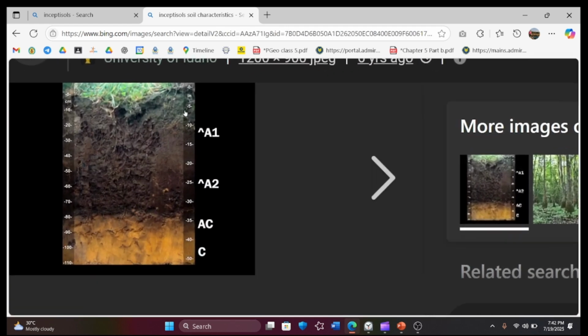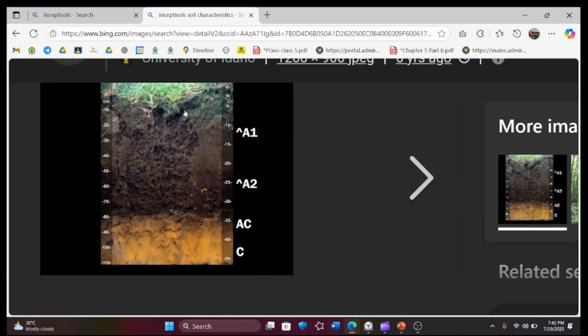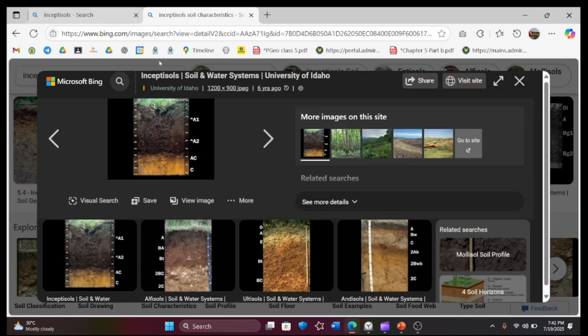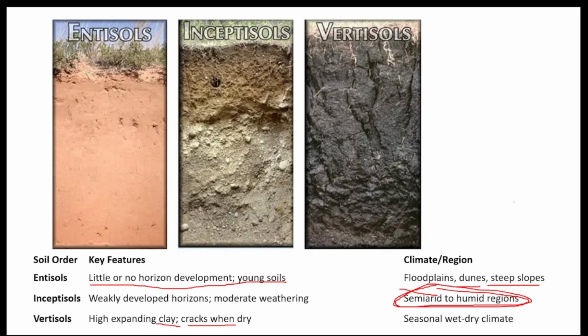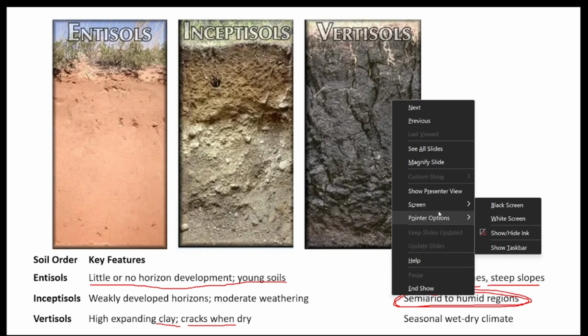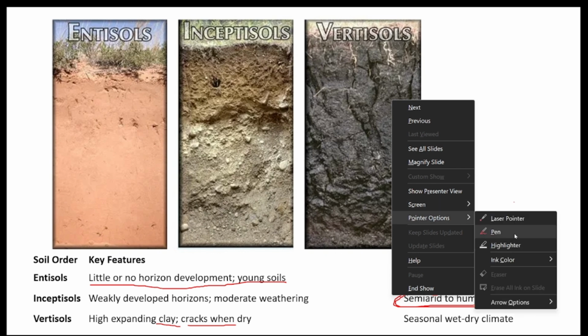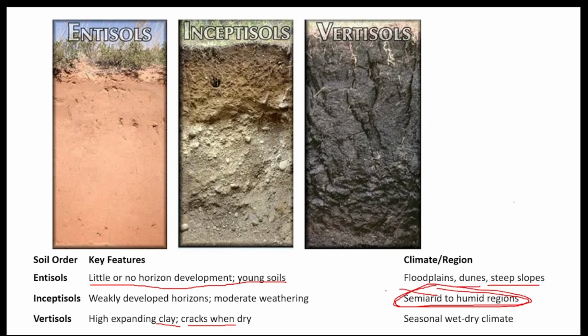See, it's inceptisol. Where do we get it? We find these kinds of soils in semi-arid to humid regions. Very important. This is the characteristic of inceptisol. And in the characteristics of inceptisol, it also has layering.